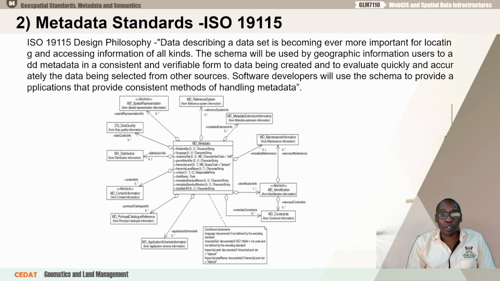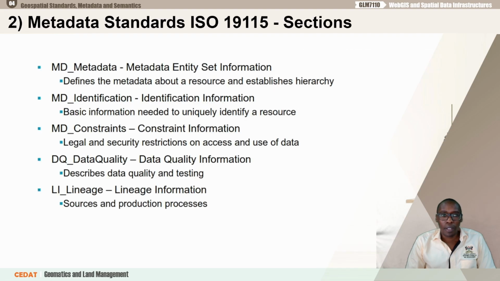So it has different components, as you can see in this UML diagram. This metadata standard has an entity set information, which defines the metadata about the resource and establishes the hierarchy. We have the identification information, which is basic information that's needed to uniquely identify a resource.